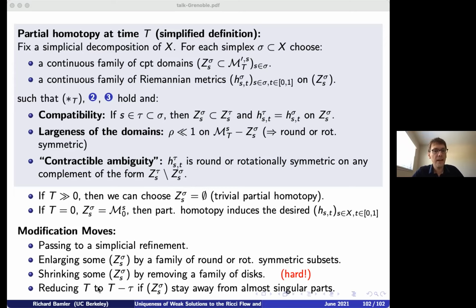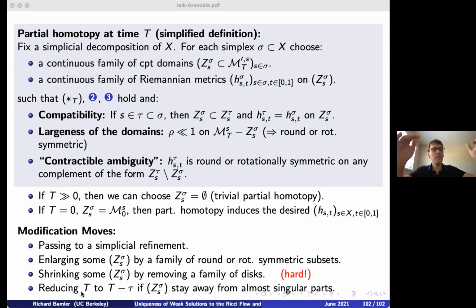The idea is to follow these modification moves essentially in this order. We first pass to simplicial refinement, so that these flows at time T don't change too much. Then we enlarge, adding in some component C sigma where the flow has become macroscopic. Then we shrink some C sigma where the curvature scale is too small, so that we can move these C sigmas backwards in time.